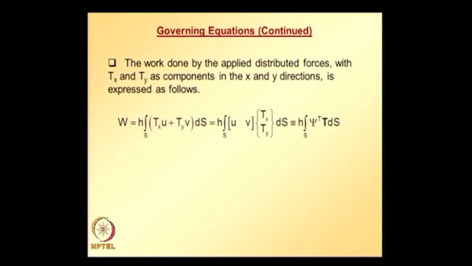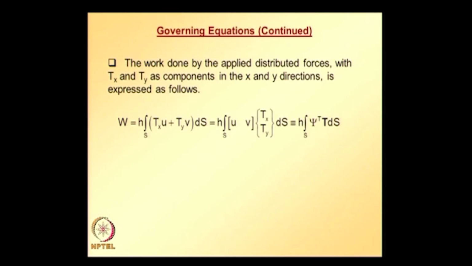W is given by h times, h is the thickness of that particular structure or object that we are analyzing, and if it is constant, h can be taken out, otherwise it needs to be taken inside the integral, and then integration needs to be carried out over the surface over which tractions are specified.